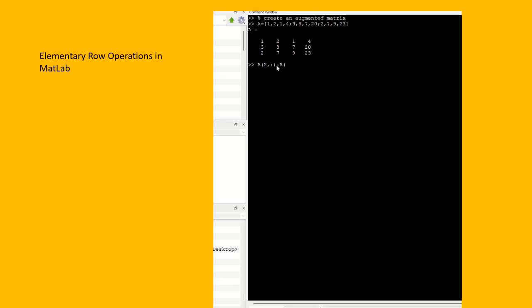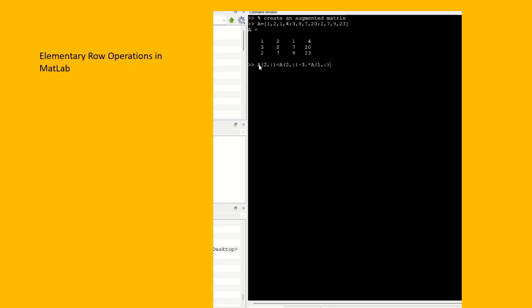Now we want to let that equal the old second row. So I'm going to type A sub 2 comma colon again, minus 3 dot times A sub 1 comma colon.